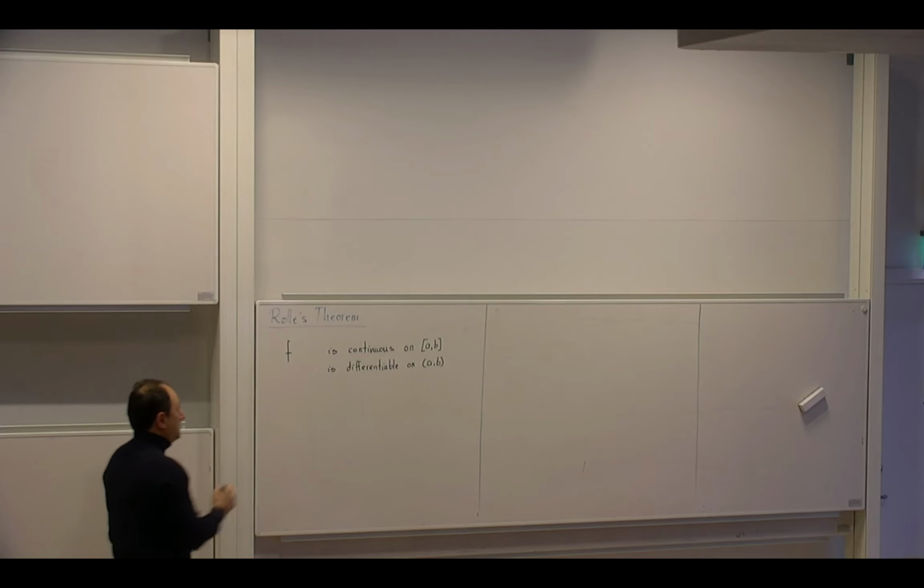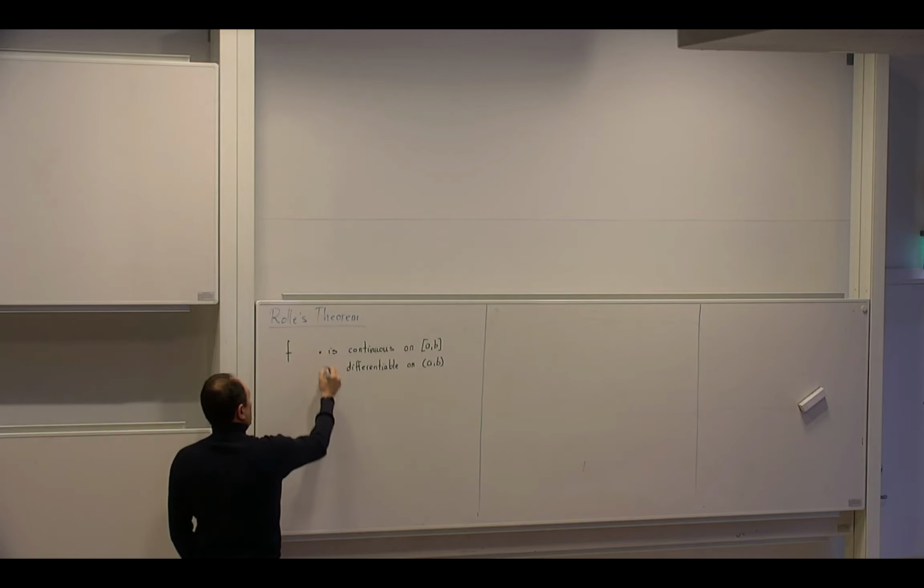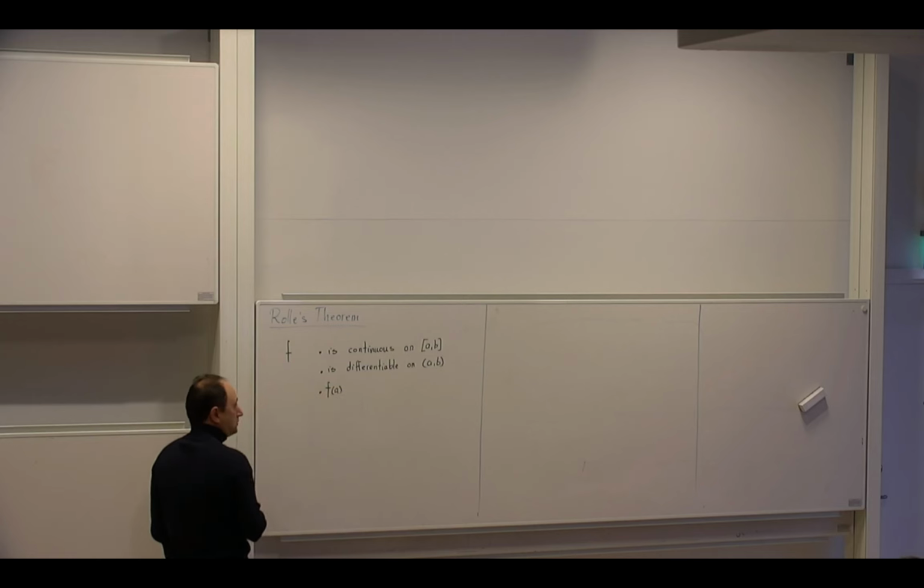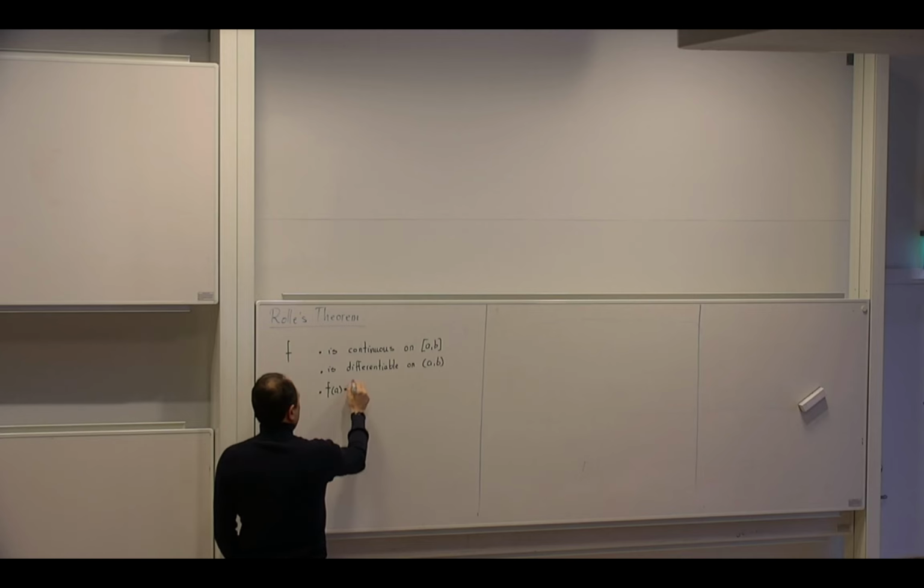So I have one condition here, another condition. The third condition, which is important, is that f calculated at the left endpoint is equal to f calculated at the right endpoint.